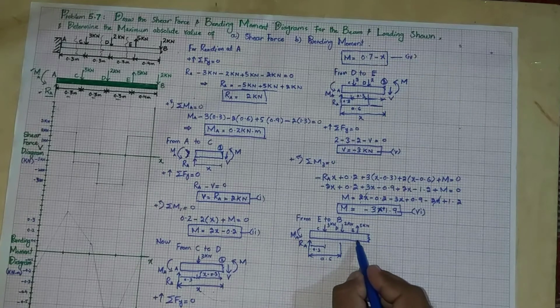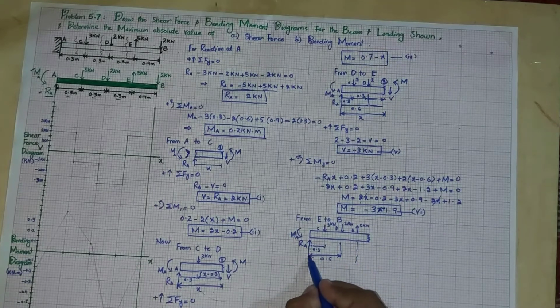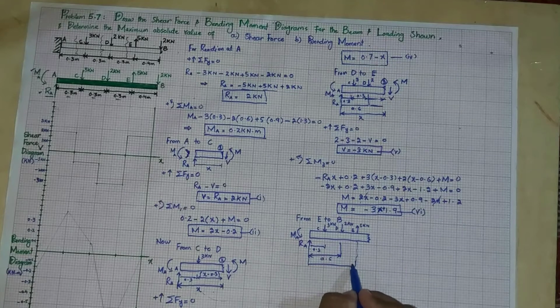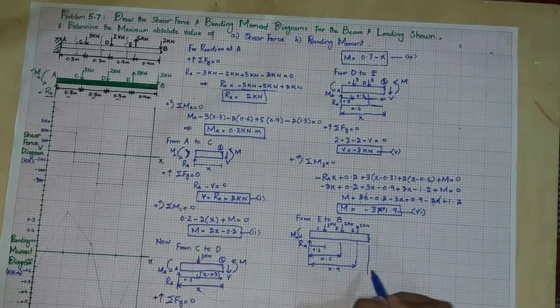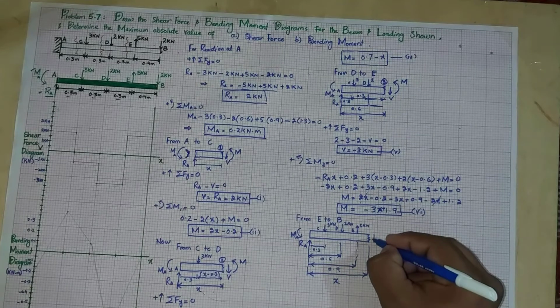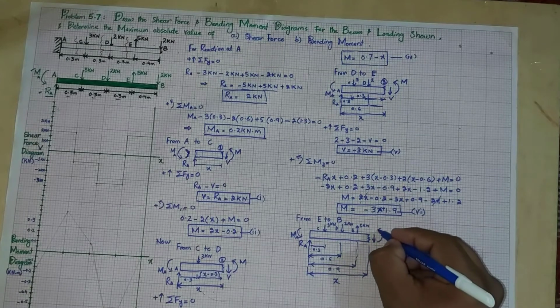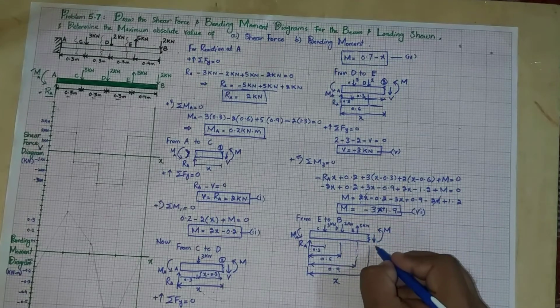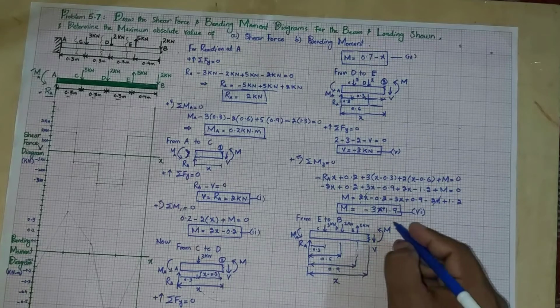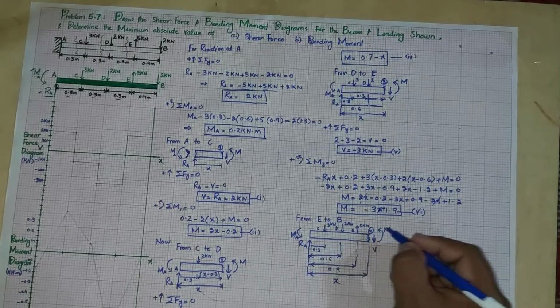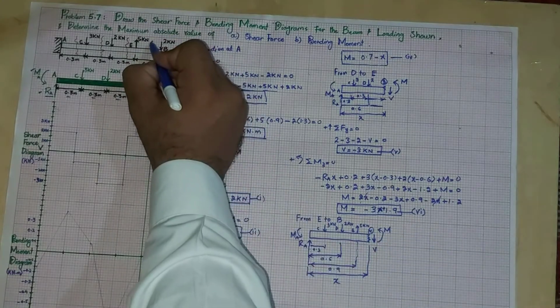From this point to point E, this distance is 0.9. And from this point to point A, let this distance be x. So there will be a shear force and a reaction moment at this point. Clear? Let this point be point number 4 or section 4, because you have taken the section now over here.